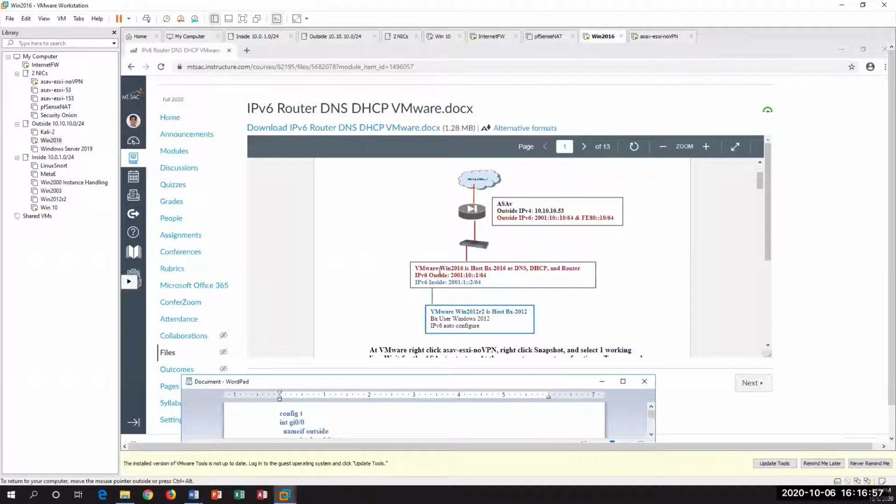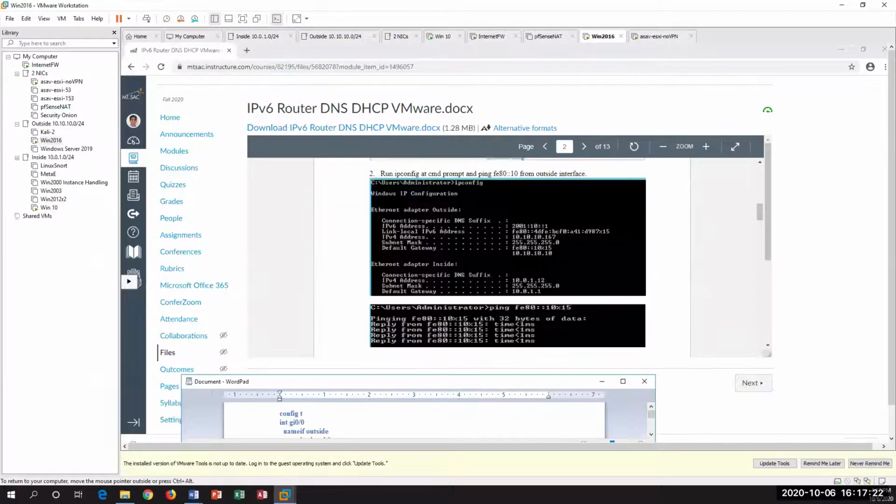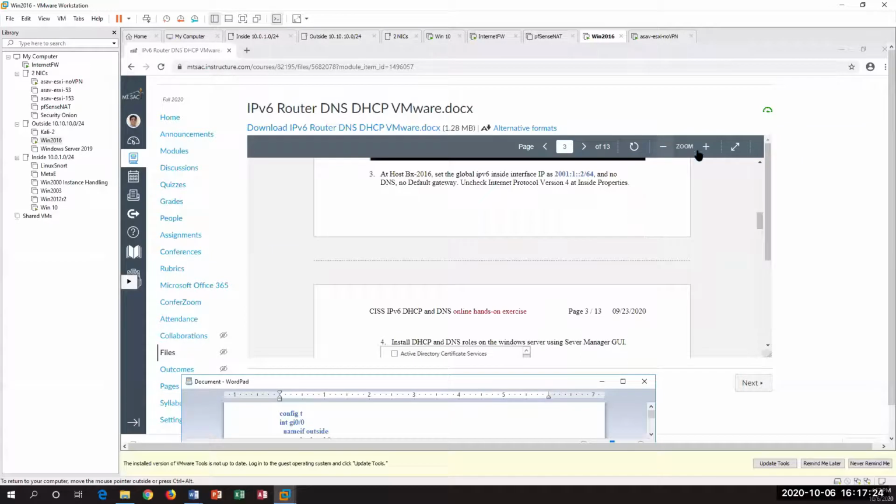Now we're going to just enable the outside and give it an IP address of 2001:10:1/64, and then try to capture the neighbor solicitation packet, and also enable the router advertisement from the ASAV and capture it. And the syntax, of course, I will put it up there as well. Let me just bring it down.